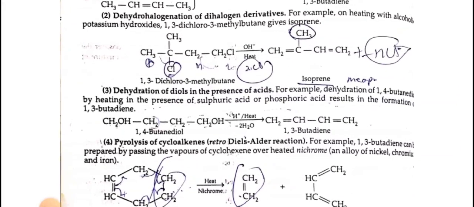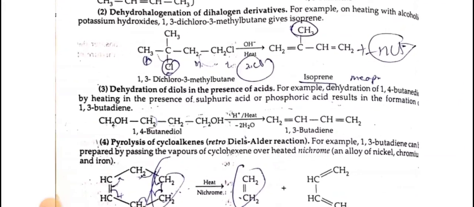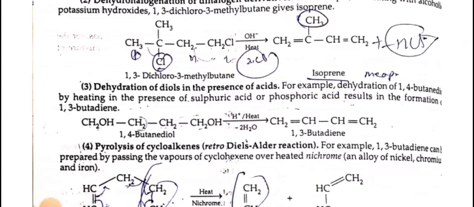For example, on heating with alcoholic potassium hydroxide, 1,3-dichloro-3-methylbutane gives isoprene. Third, dehydration of diols in the presence of acids. For example, dehydration of 1,4-butanediol by heating in the presence of sulfuric acid or phosphoric acid results in the formation of 1,3-butadiene.